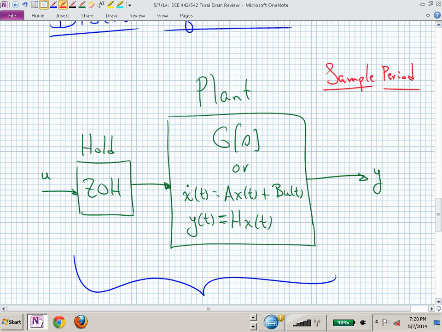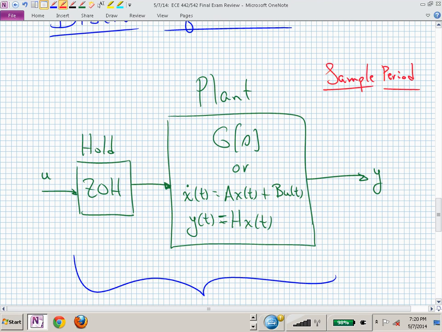Okay, now how do you find T? Pardon? You can find the natural frequency, but if you know that this is maybe going to be in a control environment, you probably want to sample fast enough to where your closed loop dynamics are not negatively impacted by this slow sample period.